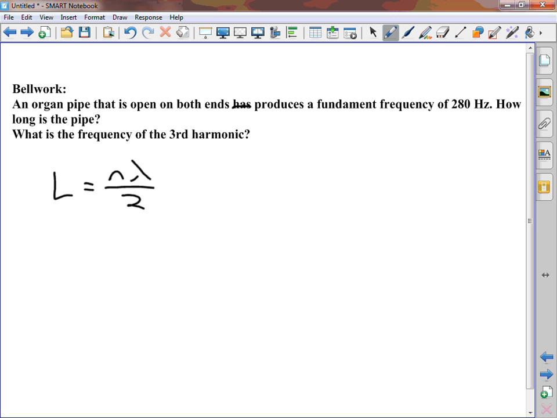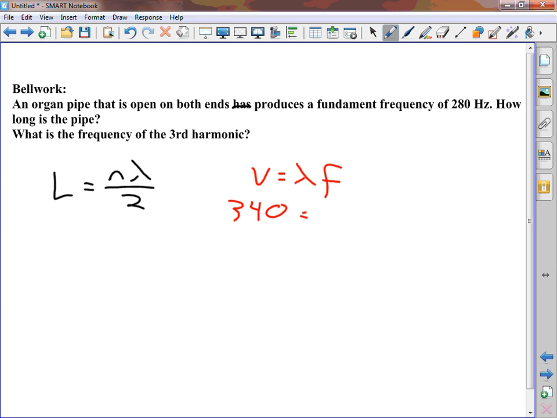First off, I can solve for length here, right? If I knew wavelength, how can I get wavelength? V equals lambda f, right? Velocity of sound in air is approximately 340, right? And organ pipes, last time I checked, produced sound.